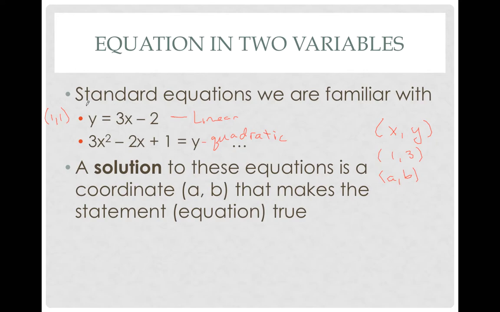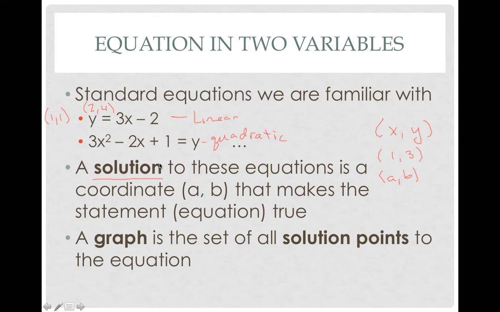Or the solution 2, comma, 4. That's also part of my equation. It's a solution to my equation. So I'm really stressing this word solution. And we should understand that a graph is the set of all solution points to an equation.